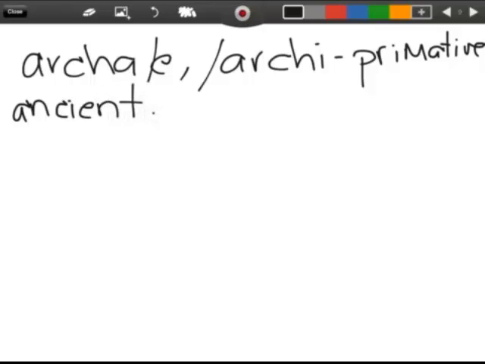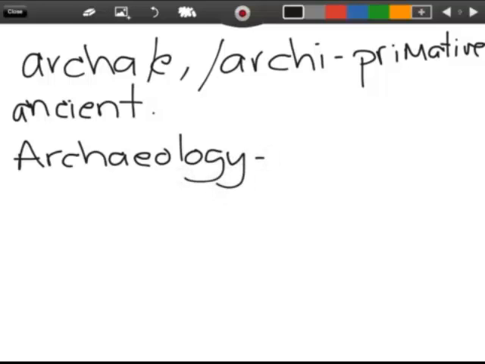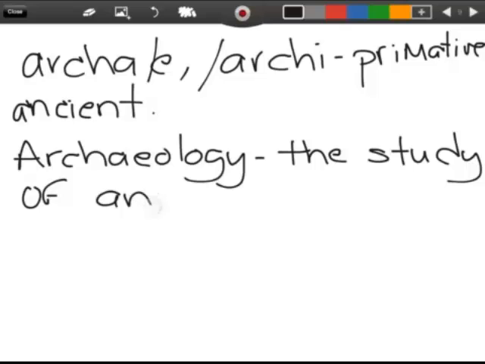For our example word, we could say archaeology, meaning the study of ancient cultures.